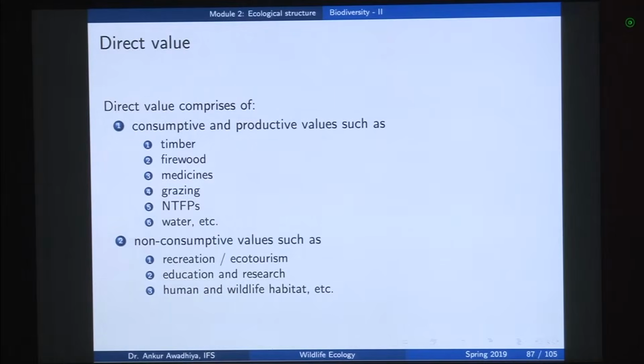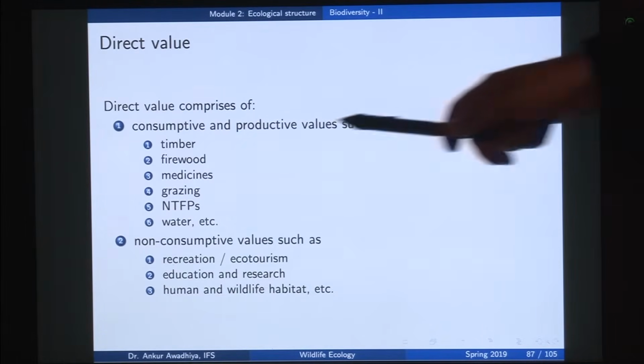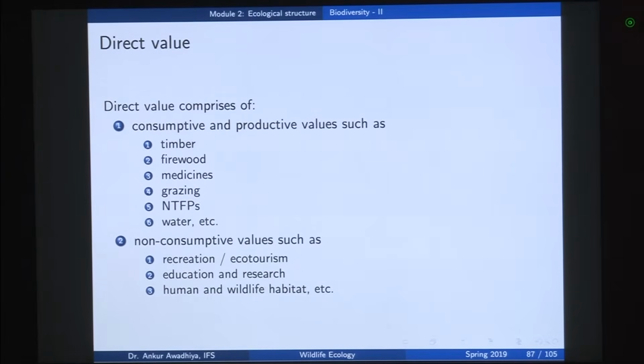Now, consumptive value is a benefit that we derive when we are consuming a resource. In this case, consuming a resource means that if I use a particular resource, then it is not available to be used by somebody else. So, for example, if we have biodiversity in the form of forests, forests will have a number of trees.